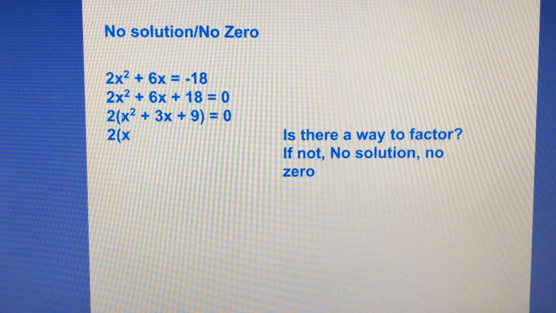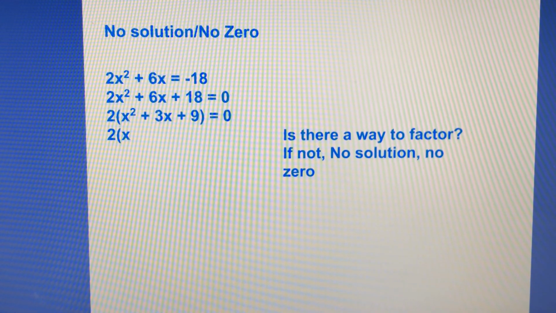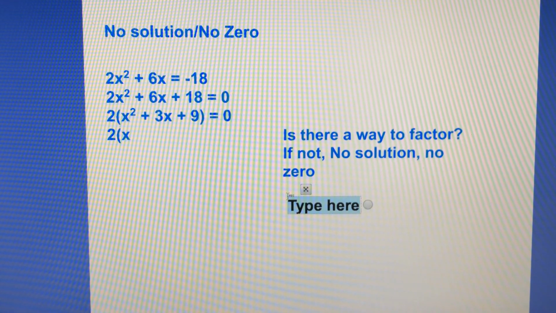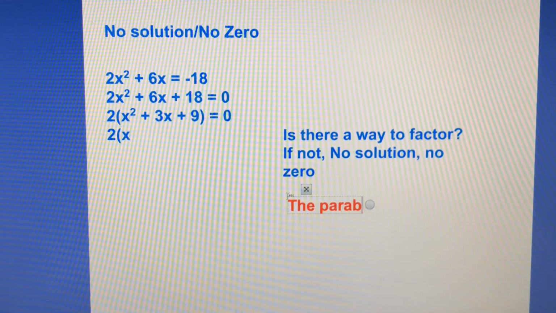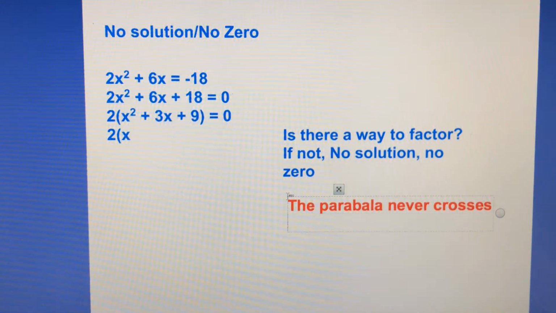If there is no way to factor this trinomial, then I do not have a zero. There is no solution. Does that mean I don't have a parabola? No. It means that my parabola never crosses the x-axis. So when there is no solution, it just means the parabola never crosses the x-axis.